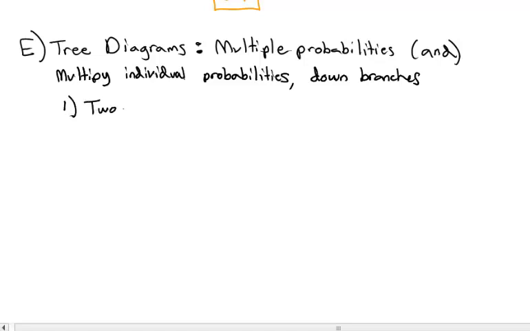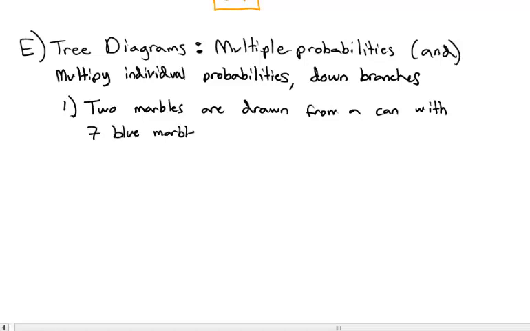Let's say 2 marbles are drawn from a can with 7 blue marbles and 3 red, without replacement.